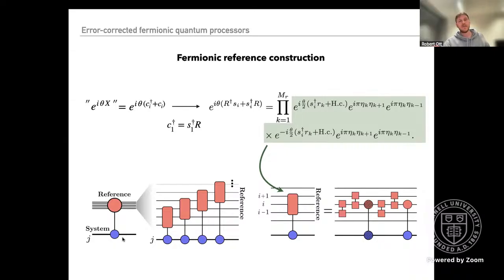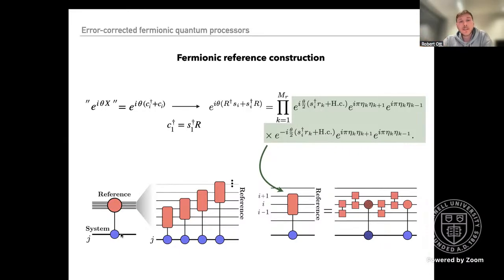And that's sort of one caveat. It is that actually to realize one round of error correction, you would sequentially have to go through the system. So this is a process that in a qubit quantum computer you can do in a constant depth, so constant with the system size. And here it would actually scale linearly in the number of reference modes.